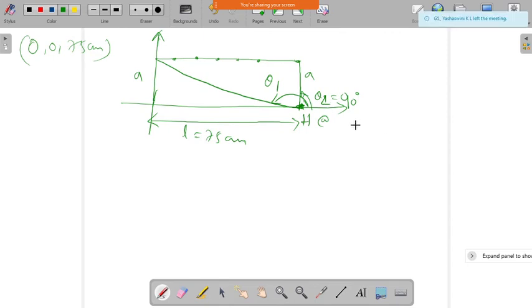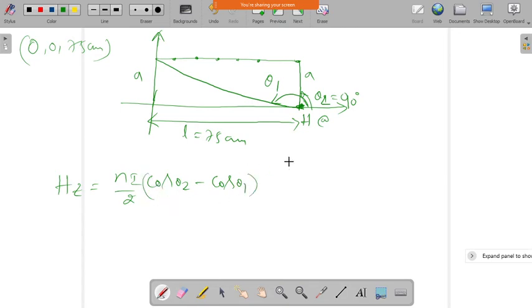So that is what we have to find out. Since theta 2 is 90 degree, Hz is equal to ni by 2 into cos theta 2 minus cos theta 1. Here cos theta 2 at 90 degrees will go to 0, and we have to find out theta 1.